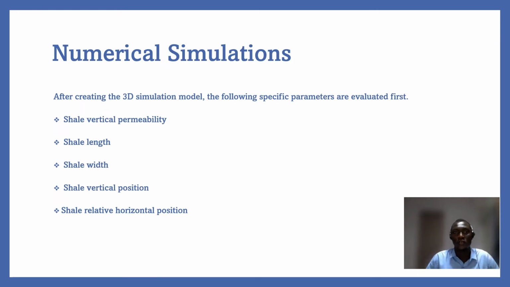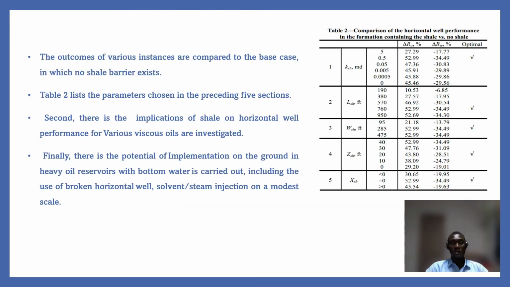Next is the numerical simulations. After creating the 3D simulation models, the following specific parameters are investigated. The first one is the shale vertical permeability, the second is the shale length, the third is the shale width, the fourth is the shale vertical position, and the last is the shale relative horizontal position. Next, the outcomes of various cases are compared to the base case in which no shale barrier exists.